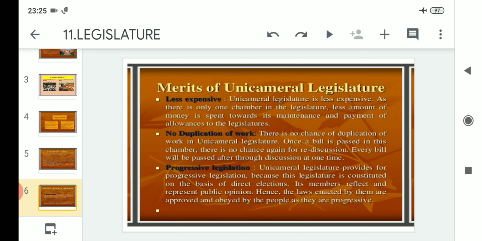That means people elect them by casting their vote, and 100% of the members represent public opinion. They are being elected by the people. So in that way we can say that it is a kind of progressive legislation.